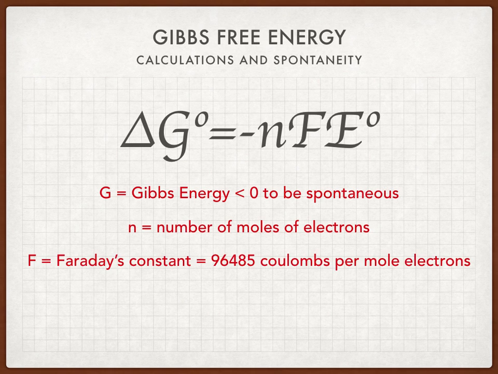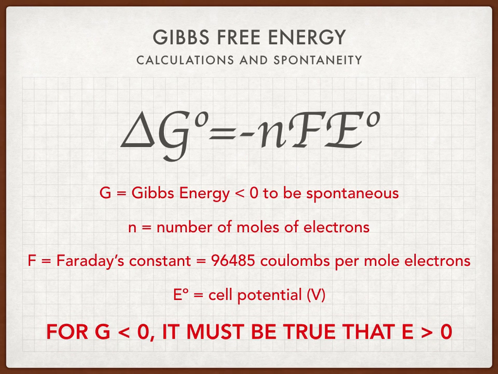F is Faraday's constant, which is equal to 96,485 coulombs per mole of electrons. Lastly, E equals the cell potential, which is measured in volts. It is very important to note that for the reaction to be spontaneous, the cell potential must be positive.